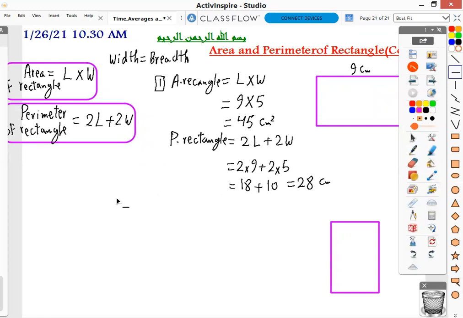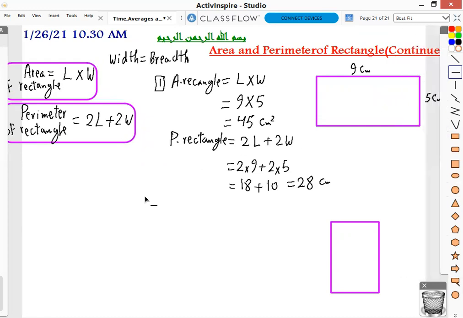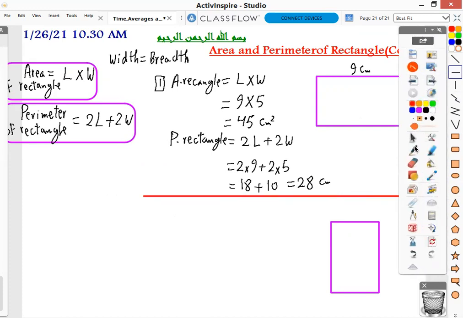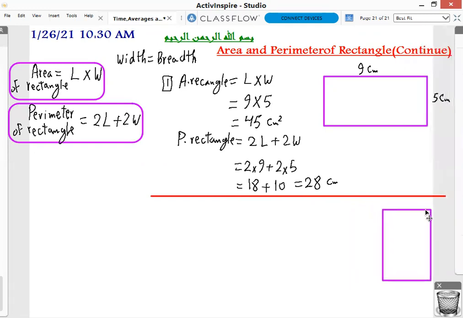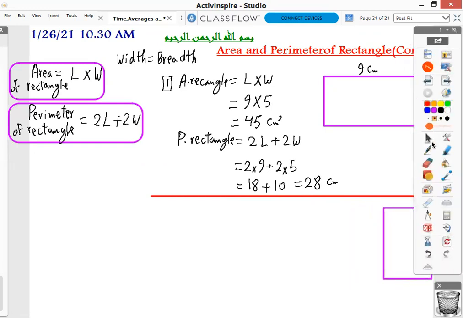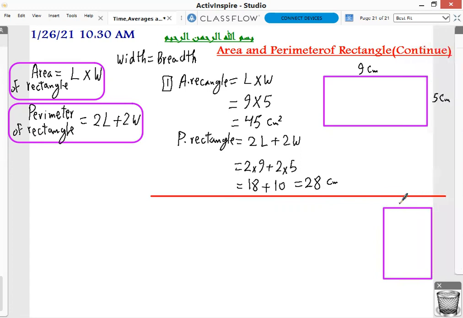Let's do it for the second figure. Just we can take one line like this to make it separate. And do this here. Let's put its measures.